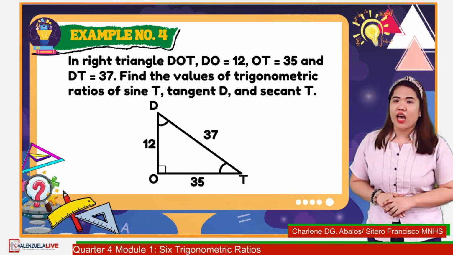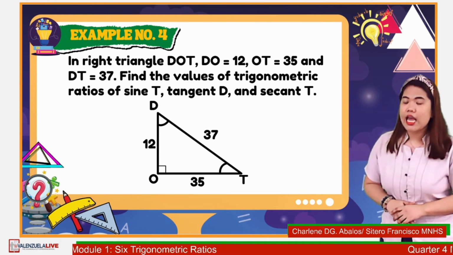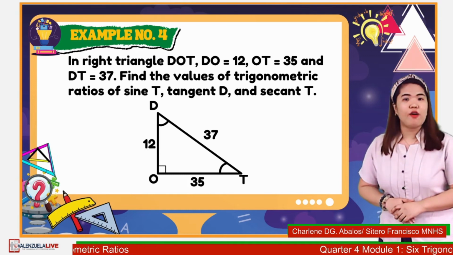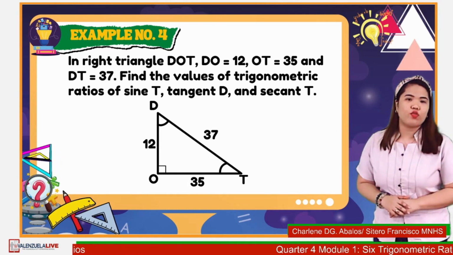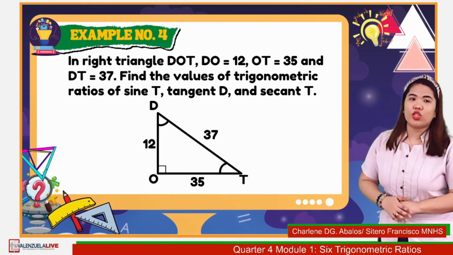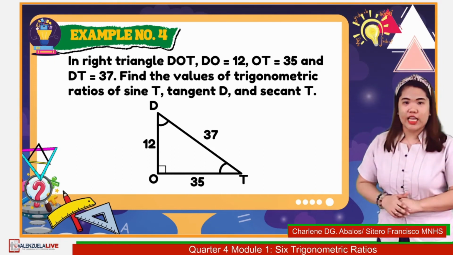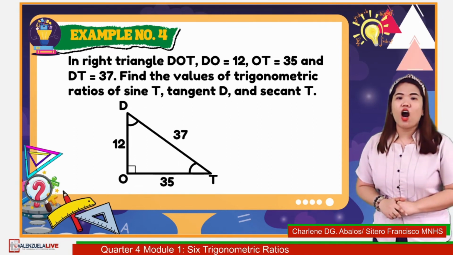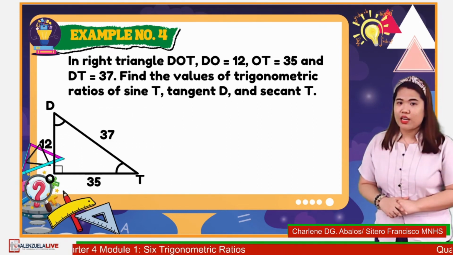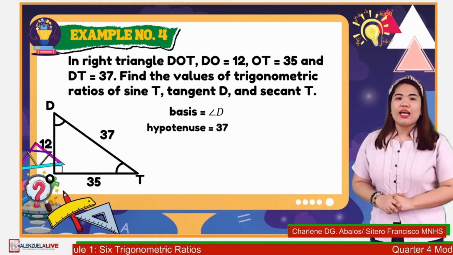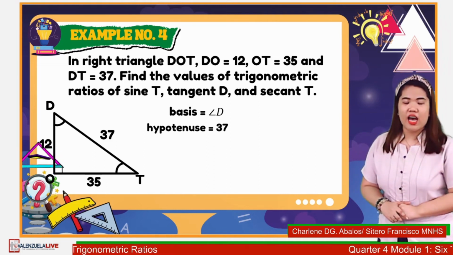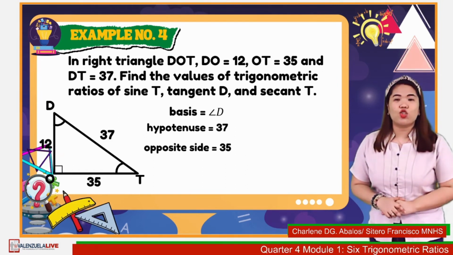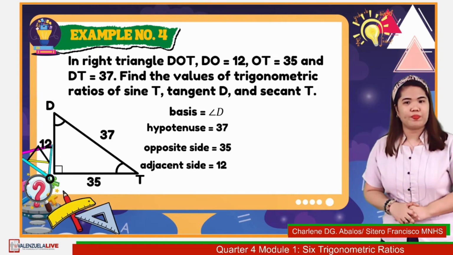Identify the lengths of sides with respect to angle T and angle D, since the questions are finding trigonometric ratios with respect to T and with respect to D. With respect to D, the length of the hypotenuse is 37, the length of the opposite side is 35, and the length of the adjacent side is 12.